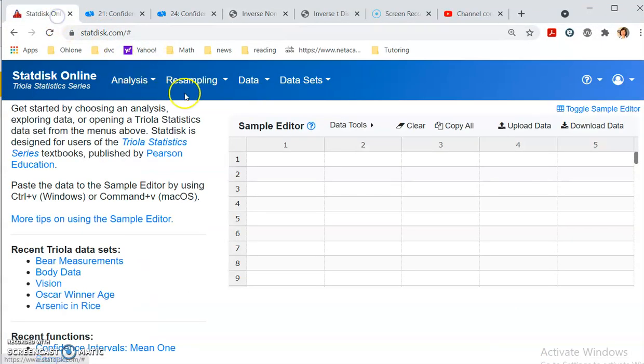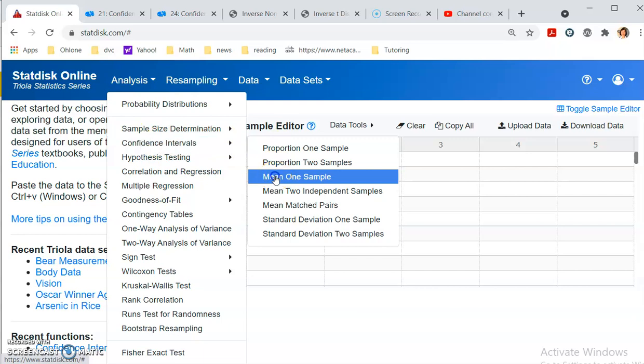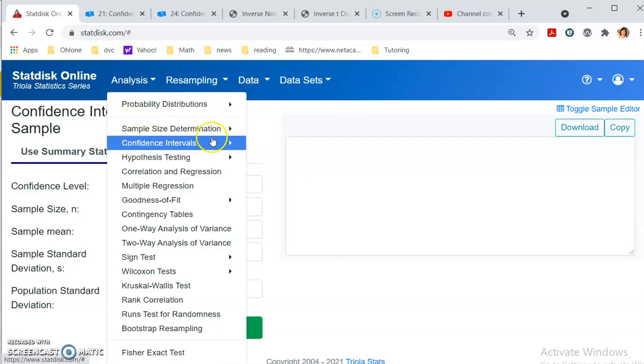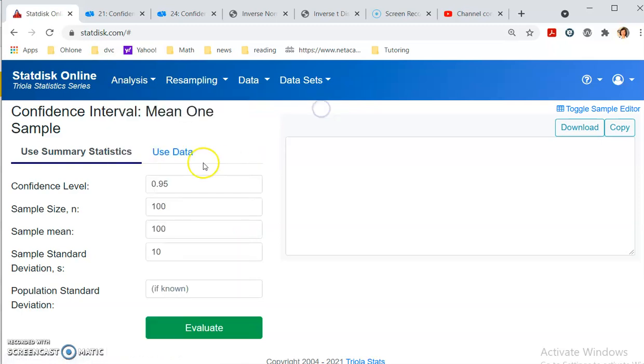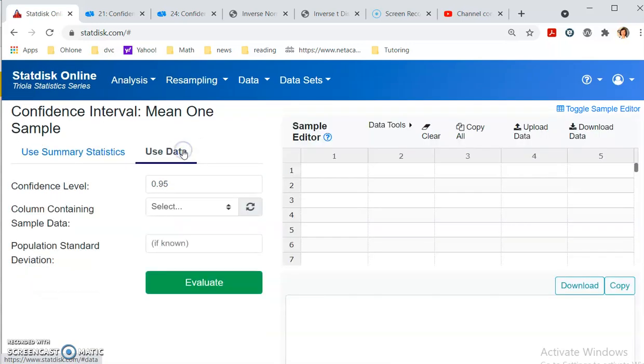So I have statistics here. What you do is you go to analysis, confidence interval, mean one sample. You put down your confidence level. There are 2 tabs, summary statistic tab and data tab. In data, you don't enter anything else.